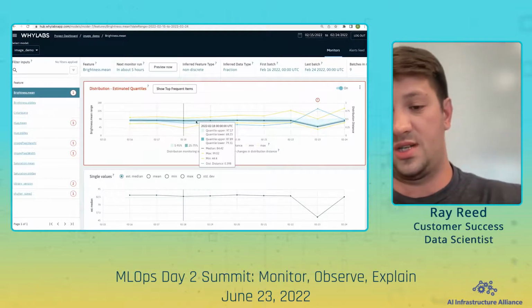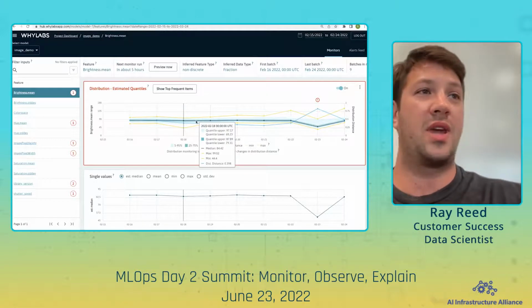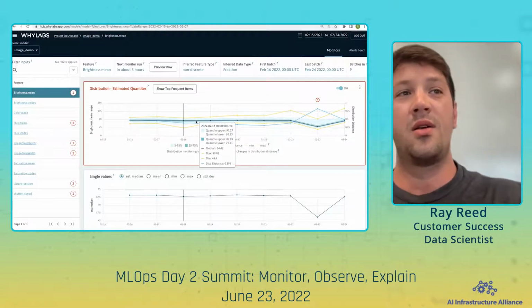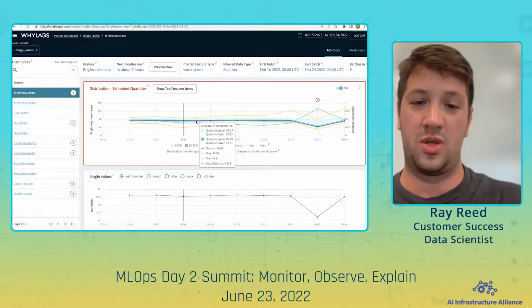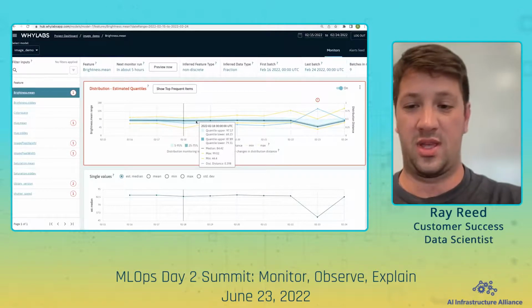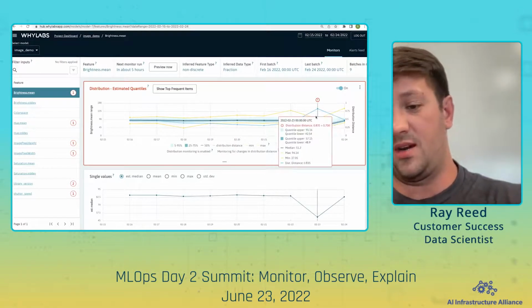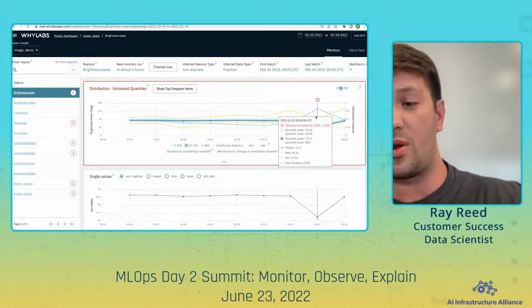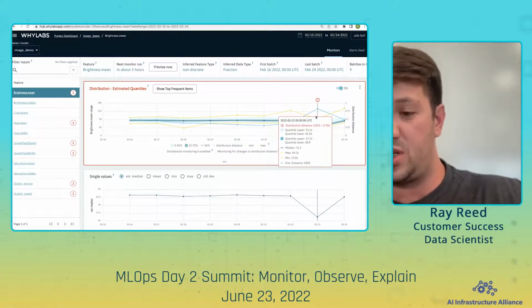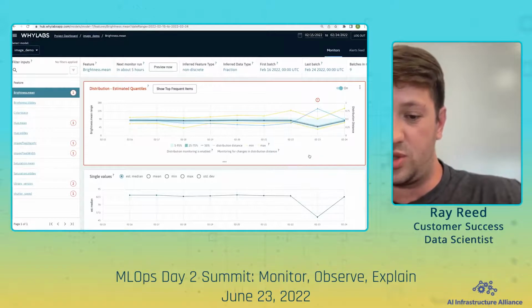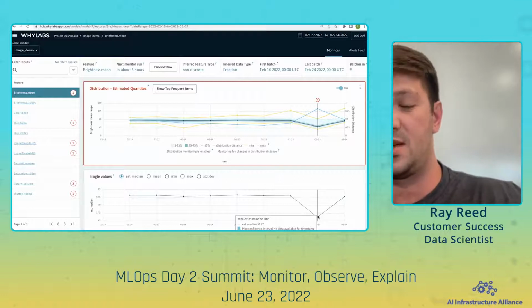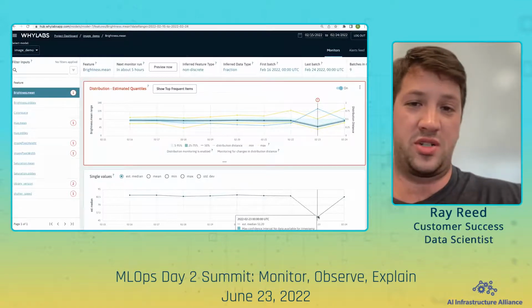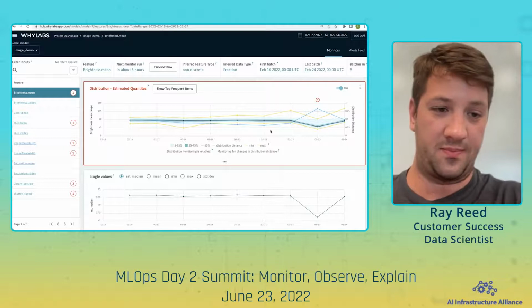We use Hellinger distance to quantify drift by looking at the distributions of our incoming data in production and comparing them to the baseline that we define within the platform. We could see here that we had a spike in the distribution distance, which corresponded to a drop in the median brightness that we captured for each of the images in the data set.